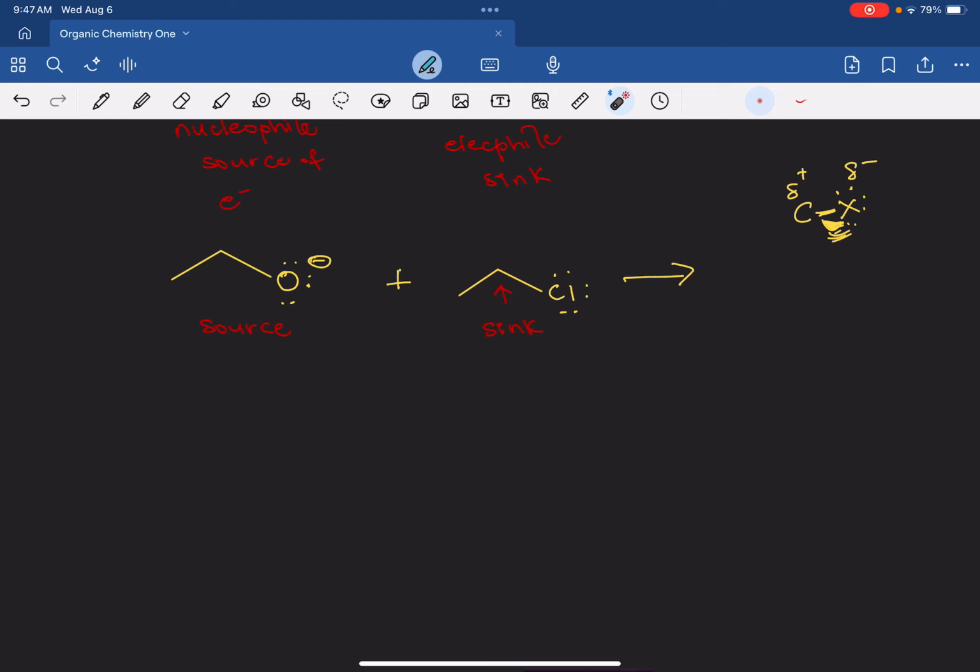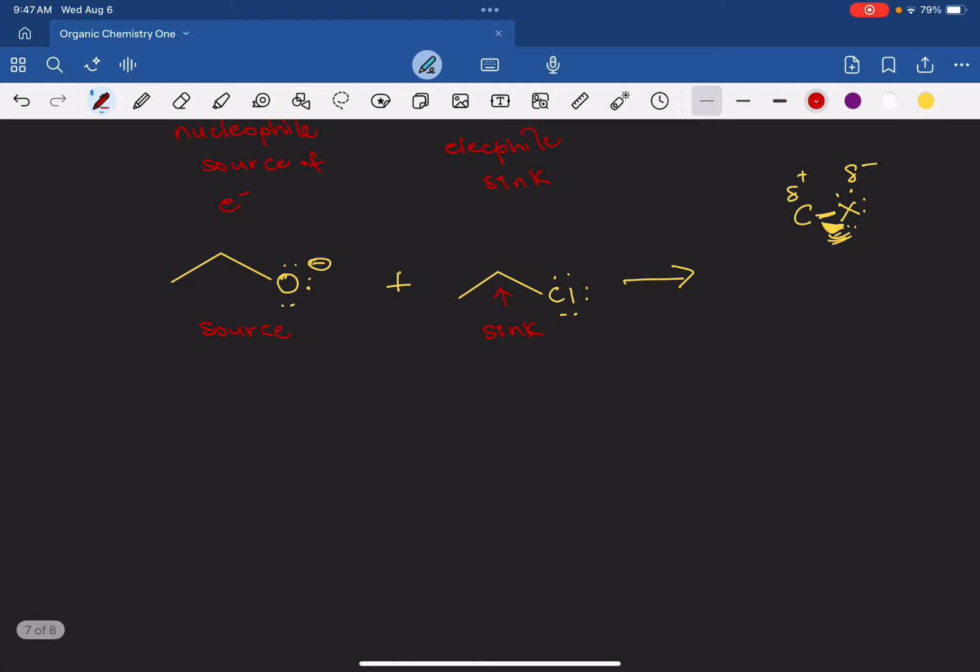This is my source. So we're going to do what we do best and draw a curved arrow. Remember, your curved arrow needs to originate from a lone pair or a bond. In this case, only your lone pair, right? That's our first arrow, okay? So we went from our lone pair to the sink.